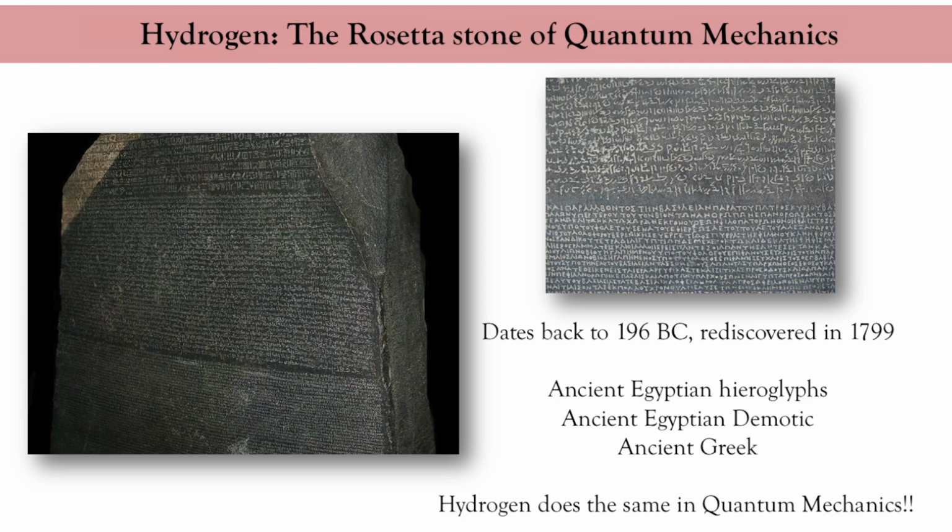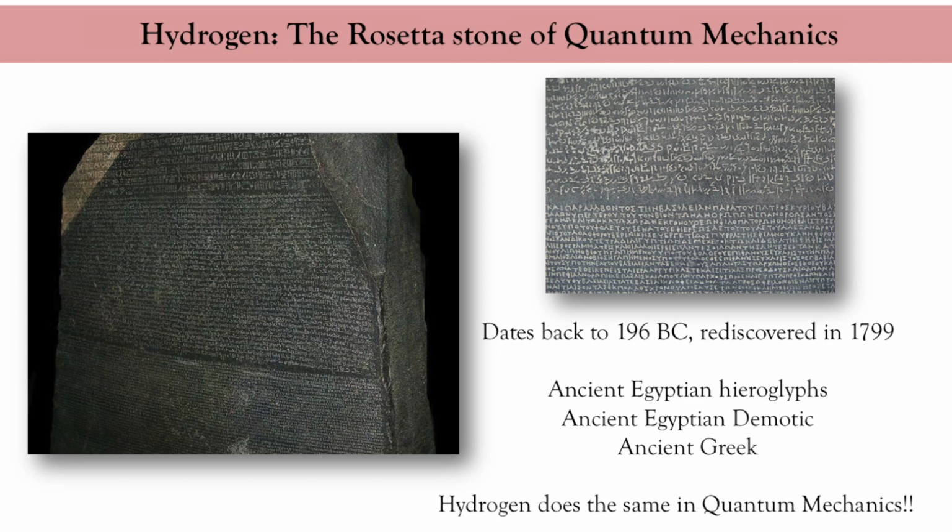What do I mean by saying that? Well, you might know that the Rosetta Stone is this amazing piece of carved stone made back in 196 BC and rediscovered in 1799 during Napoleon's expedition in Egypt. This stone records a decree from Egyptian king Ptolemy V. The top part of the stone is written in ancient Egyptian, written in hieroglyphs.